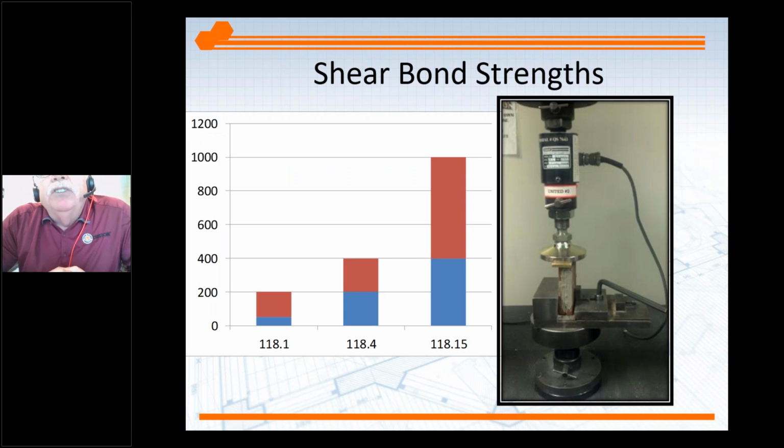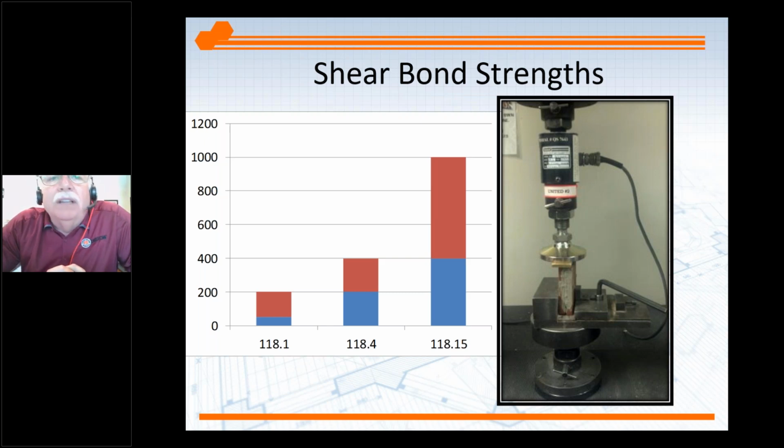Now here's the chart to give you a rough idea of the adhesive strength. So with the 118.1, we were going from about 50 to roughly 200 PSI, the red spot. When we hit our 118.4, we're going anywhere from about 200 to 400 PSI. And as we get into our 118.15s, we're going up over 400 PSI.